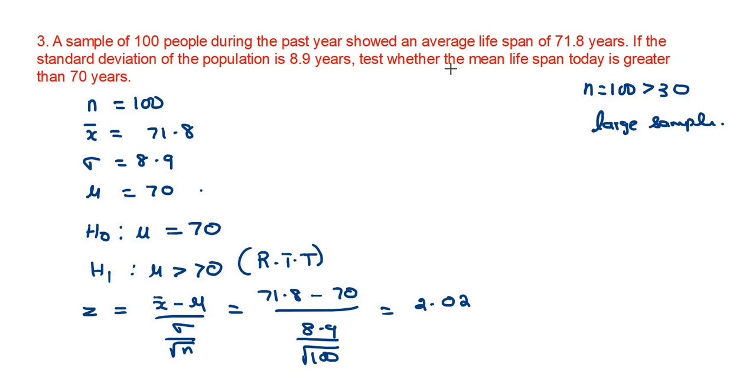Here the level of significance is not mentioned. So we will consider 5% level of significance. So the table value of Z at 5% level is 1.645.